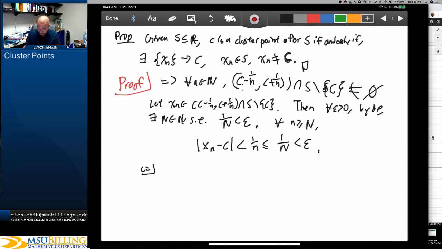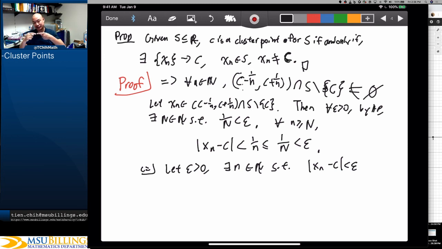I want to show that for all my choices of epsilon, there's always stuff in there. So let epsilon be greater than 0, and then we note that there's going to be some n in N such that the distance between xn and C is less than epsilon, right?